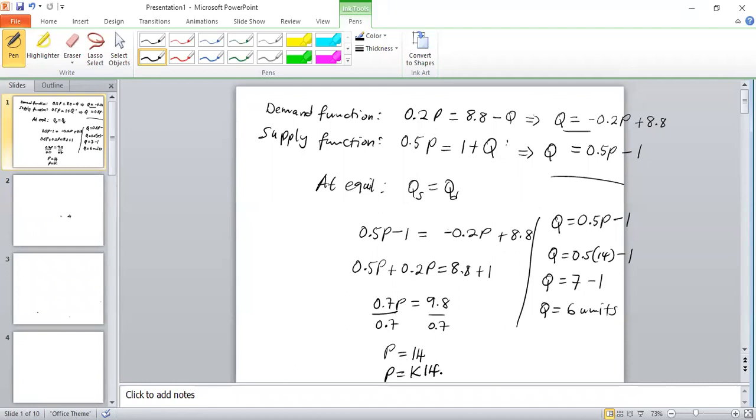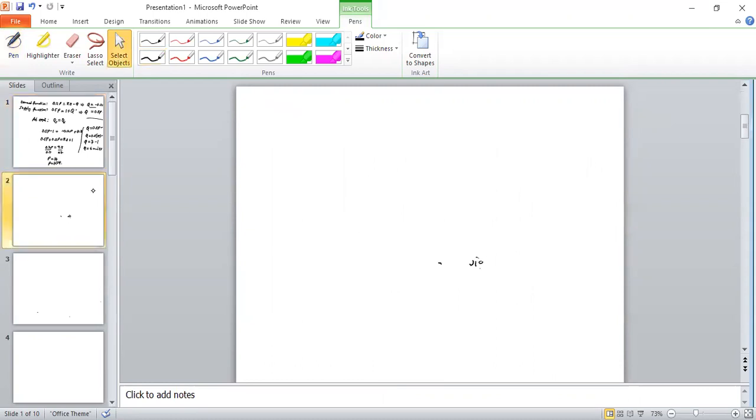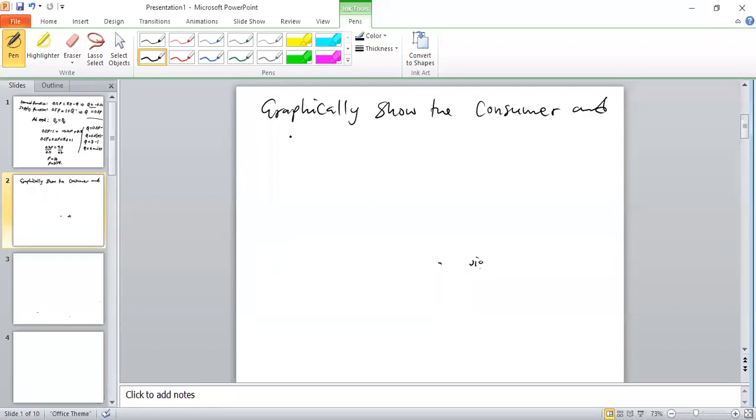Now, the question, they said graphically show the consumer and the producer surplus.